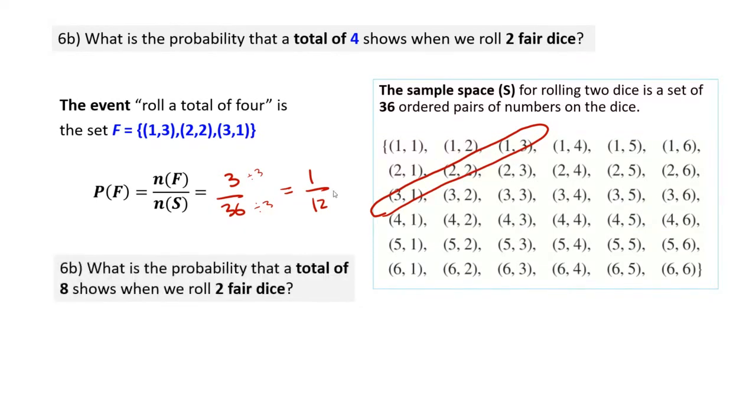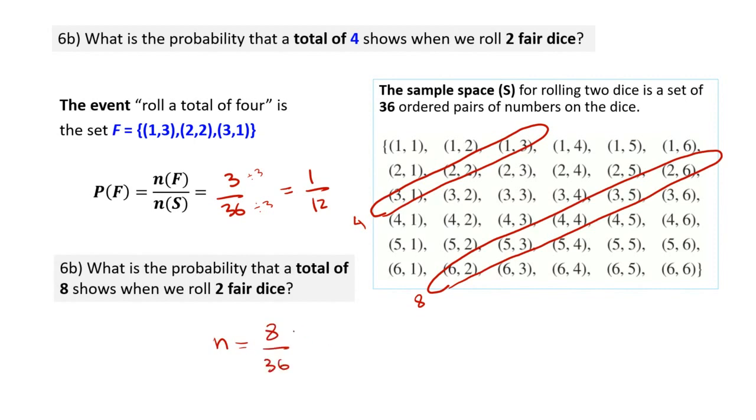What is the probability that a total of 8 shows when we roll 2 fair dice? Let me find the diagonal with a total of 8. This is 4, this is 8. So the probability will be the number of outcomes in the event over the number of outcomes in the sample space, and both numbers are divisible by 4.